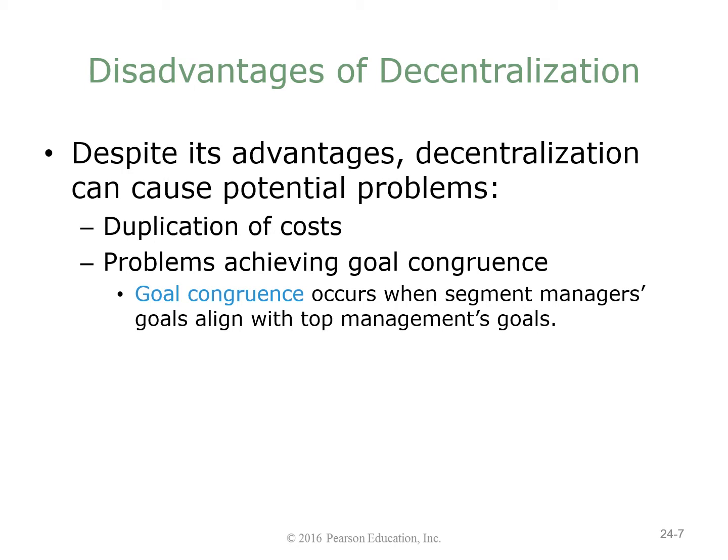Goal congruence occurs when segment managers' goals align with top management's goals, and this is when we would like to align the efforts of all the departments with the goal of the top management. Maybe this is a problem, which means some departments will have different perspectives and different ways of running things that may not be aligned with the top management's way of running the business.